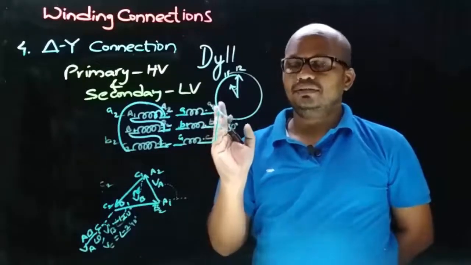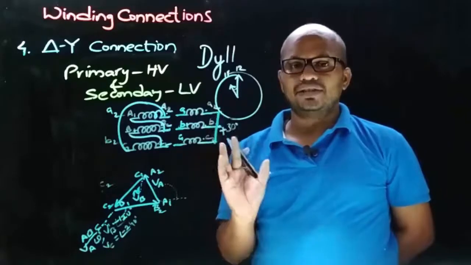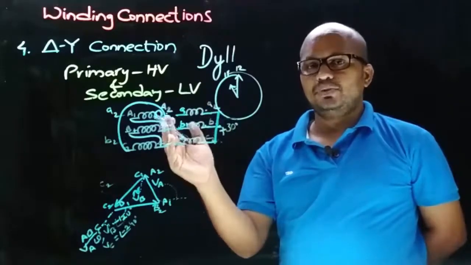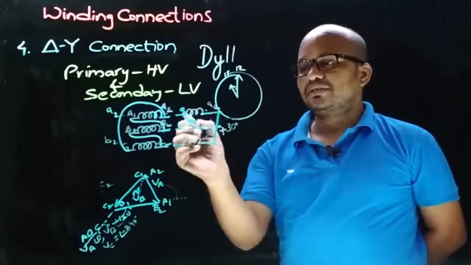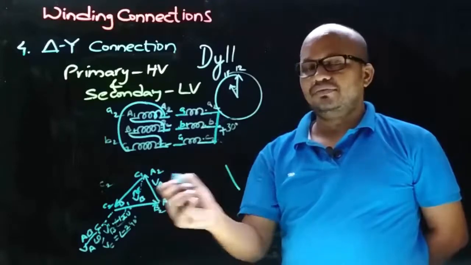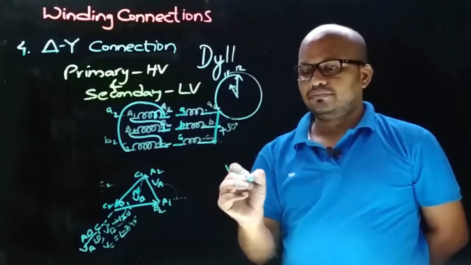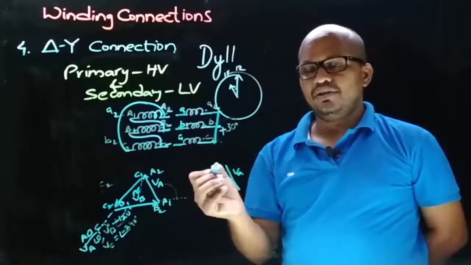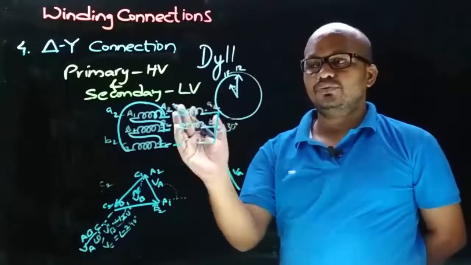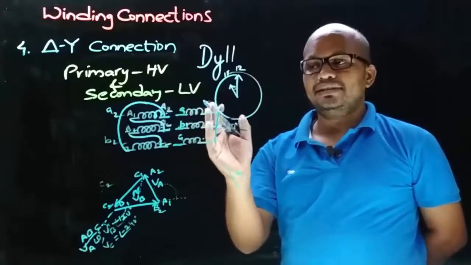Now let's draw the phasor diagram for the LV winding connection, and it is known that the secondary side phasors are drawn parallel to the primary side phasors. So let's draw the secondary side VA phasor parallel to the primary side VA phasor. And now let's decide the direction of the secondary side VA phasor, and that direction depends on the connections we took from the primary side and secondary side.